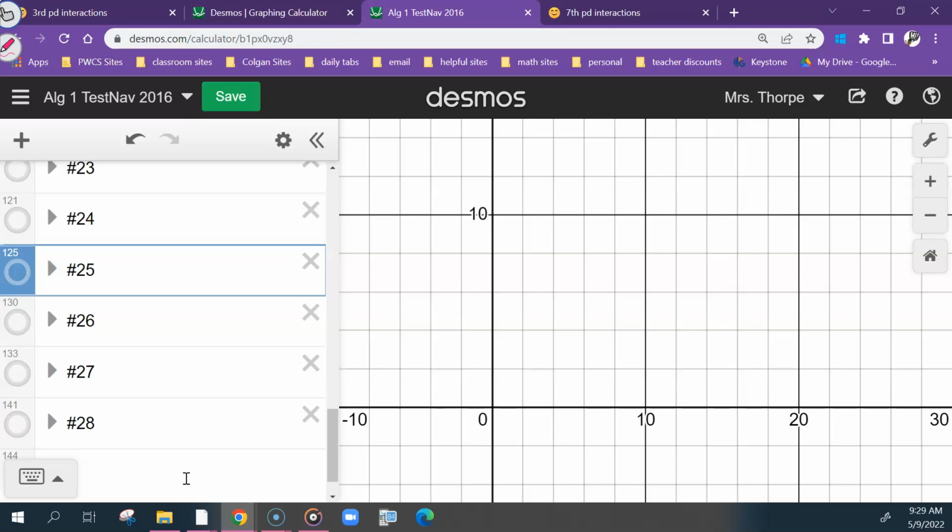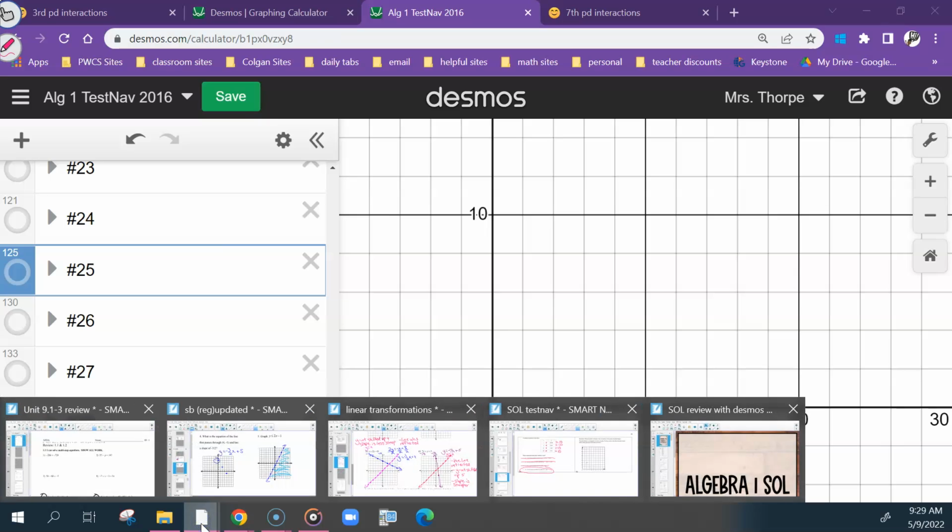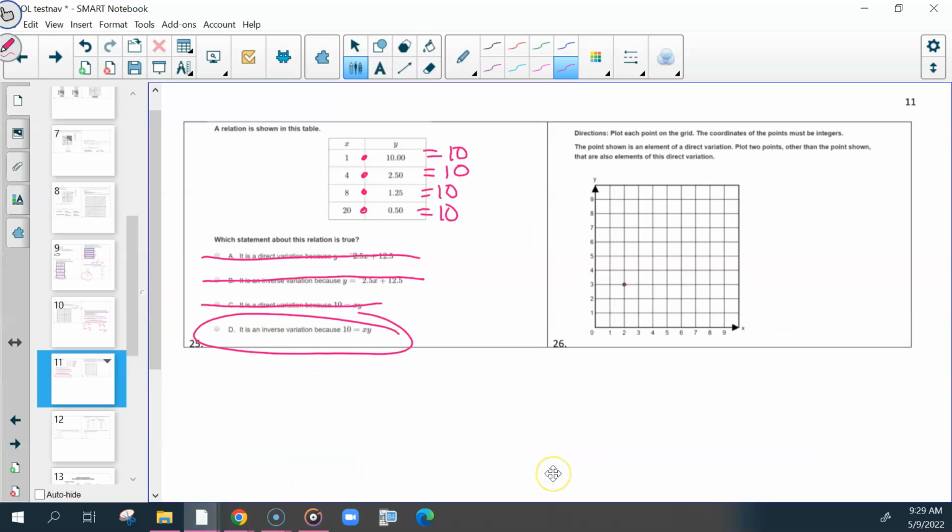Right. For 26, this is a direct variation. It says we need to plot 2 points other than the point shown to make this that are also a direct variation. The easiest point, if you get a problem like this, would be your y-intercept, because it always has to be what? 0.